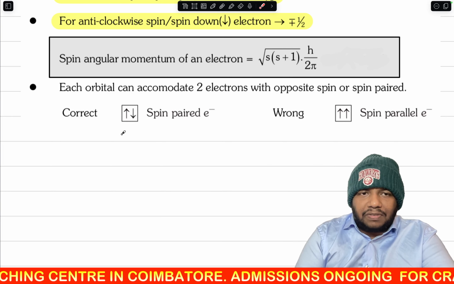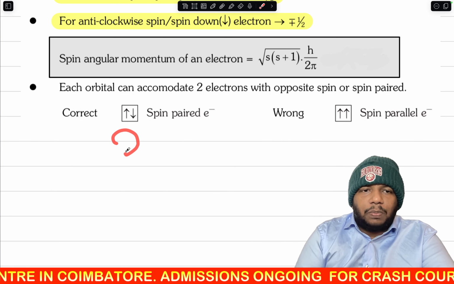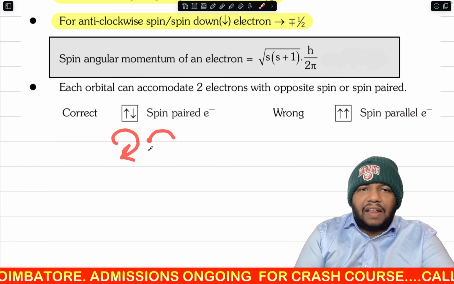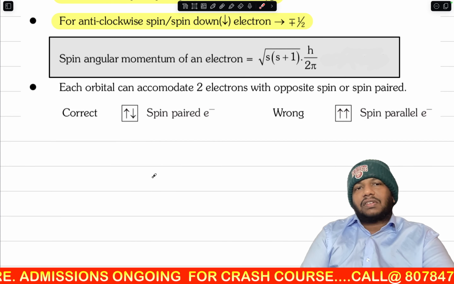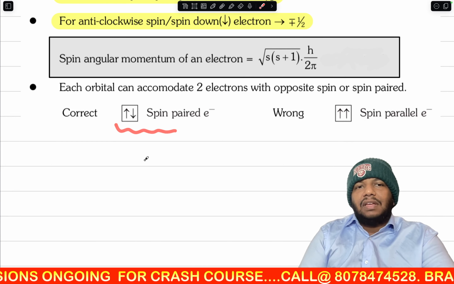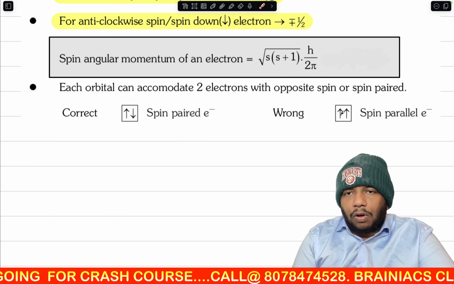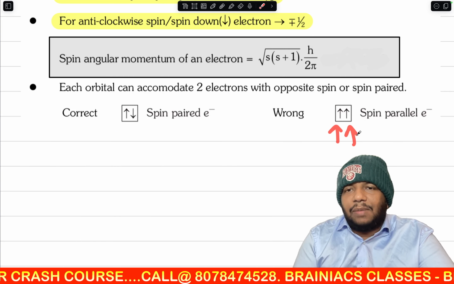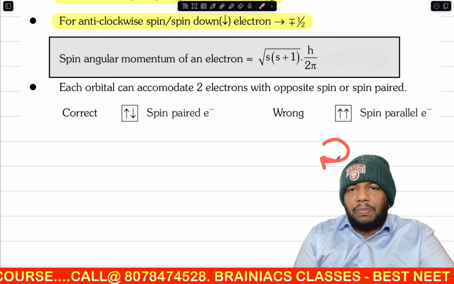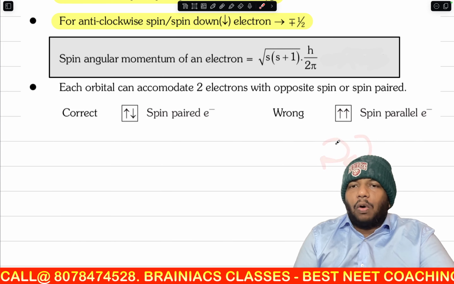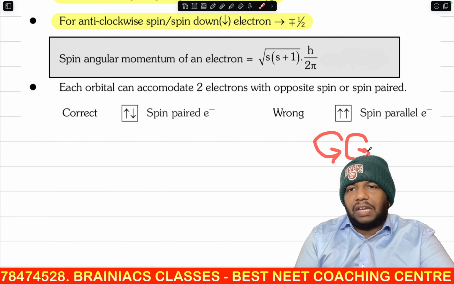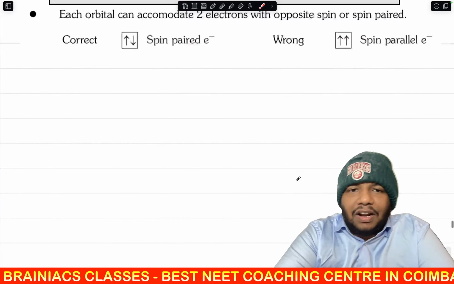Whenever 2 electrons are present, one electron spins clockwise and the other should spin anti-clockwise. In an orbital, 2 electrons cannot have the same spin. That means 2 electrons cannot both be clockwise, nor both anti-clockwise. Hope you understood the concept.